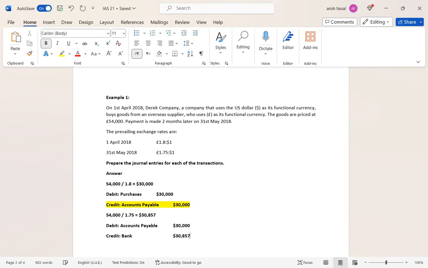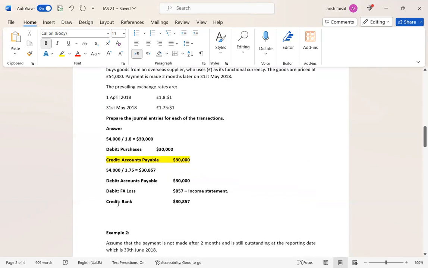Now because you have paid more, this is called an exchange loss, a foreign exchange loss, which has to be recorded in the income statement. So there's a balance on the debit side, and I will write it down as foreign exchange loss with the amount of 857. So this will be recorded in the income statement.